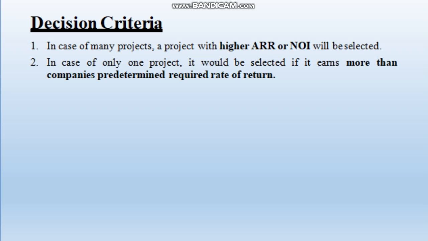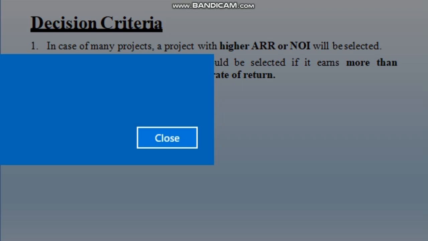So if there are many projects, a project with higher accounting rate of return is selected, and if there is only one project, then it would be selected if it earns more than the company's predetermined required rate of return.